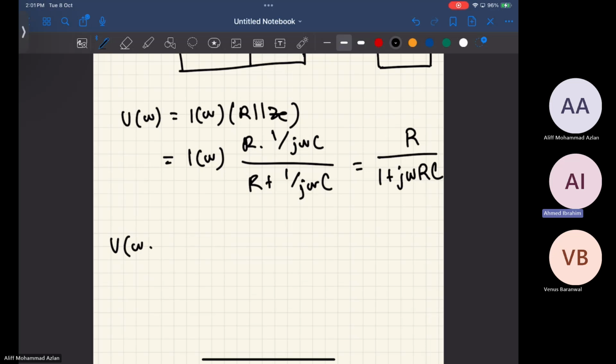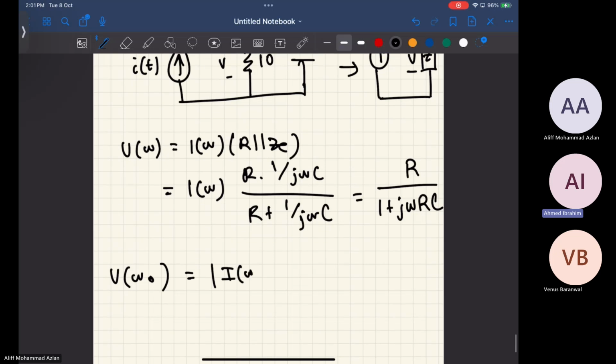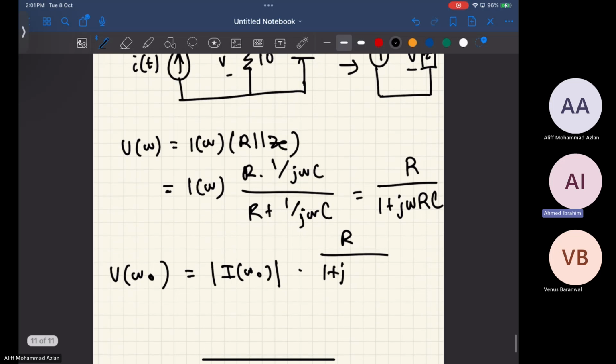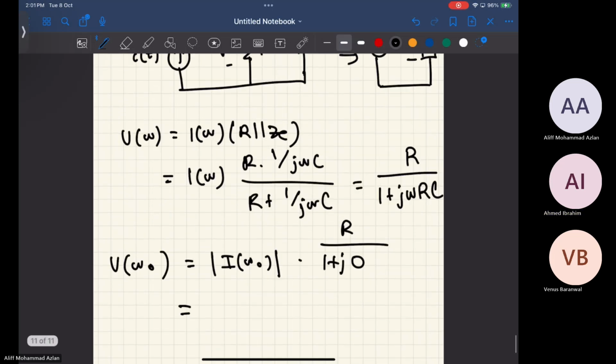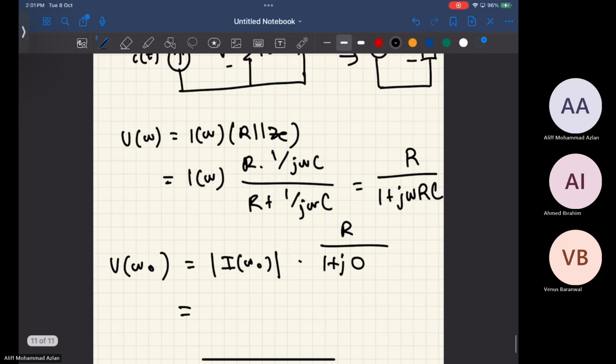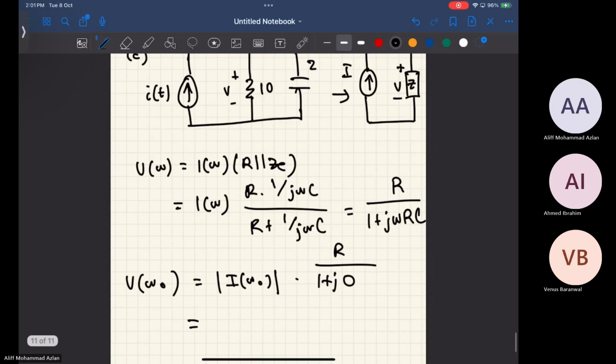So V omega 0 is equal to I at omega 0 times R over 1 plus j, sorry, we're substituting omega 0, not 0.